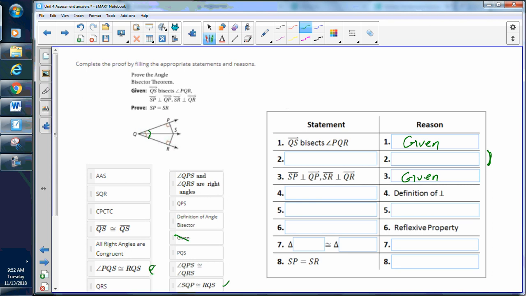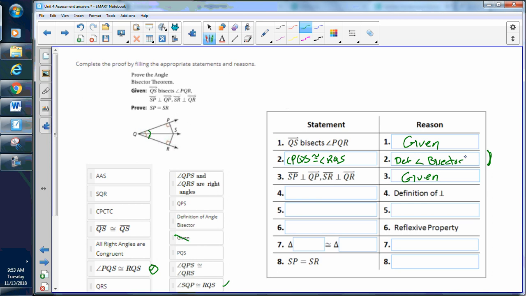However, this first one is the better way to name them. So it would be the one that we pull over there, although I did give credit for the other one. So angle PQS is congruent to angle RQS. And our reason is the definition of an angle bisector. An angle bisector creates 2 equal angles.